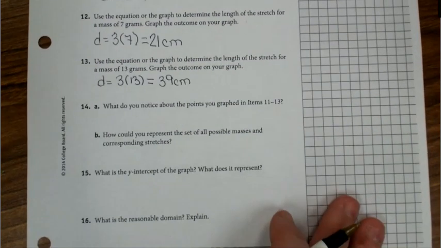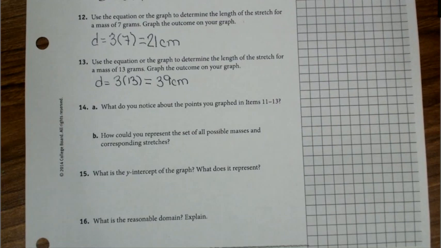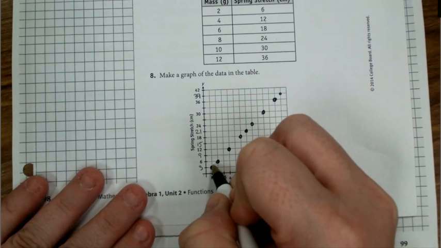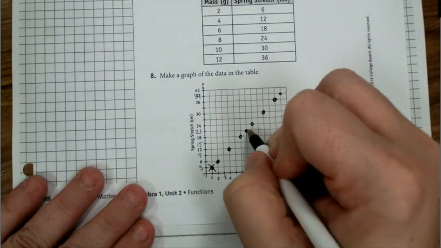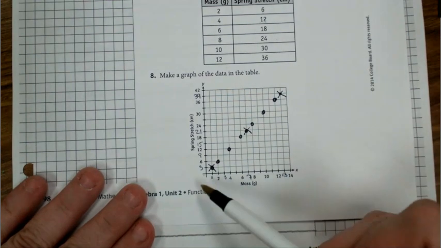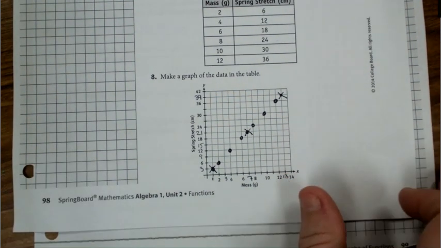Number 14 says, what do you notice about the points that you graphed in items 11 through 13? Well, let's just recall. This was the first one that we did, right? Here. I did this one, and I added this one. So what do we notice?